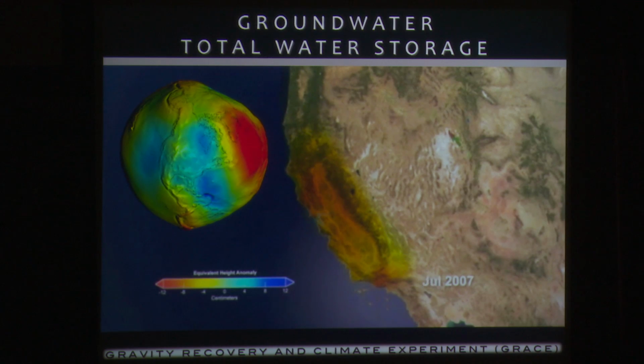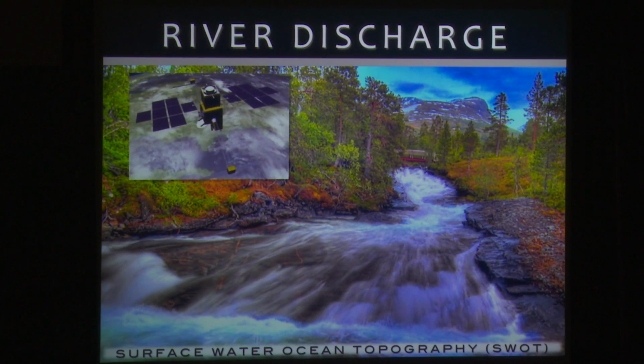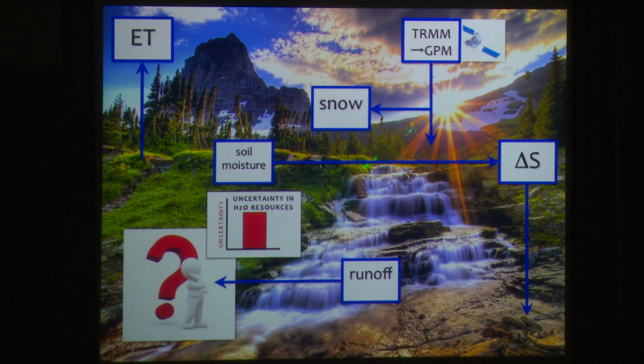And then using that same LiDAR technique that we use for snow to look at topography, we can start to look at the height of rivers or reservoirs as well as the ocean, and that'll get us that last runoff component. So now we're able to reduce these uncertainties as we start to bring it down.